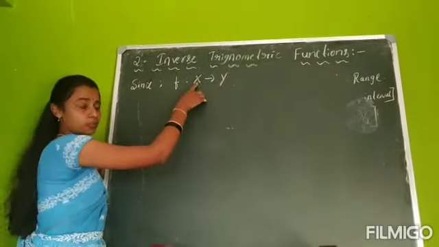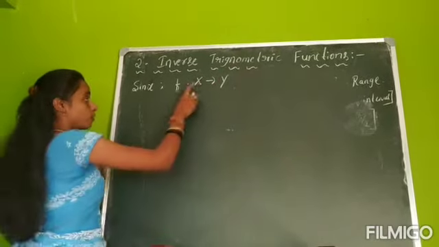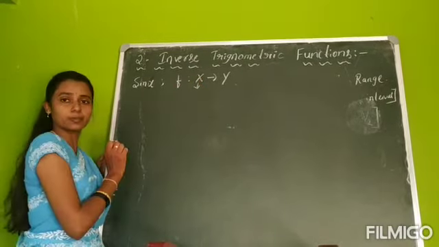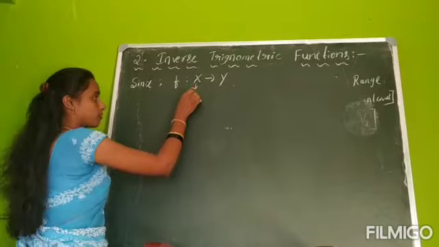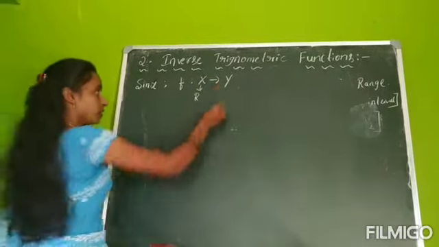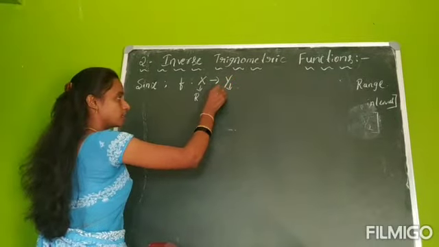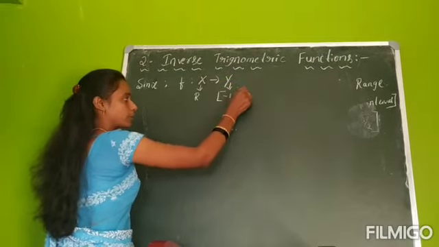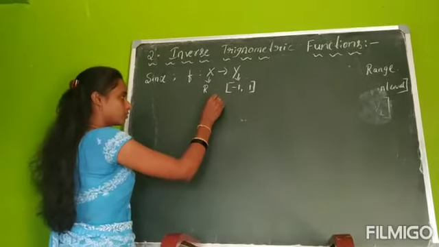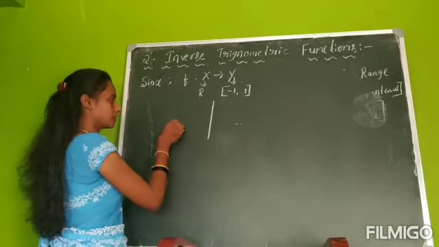I took x as the domain and y as the range, where the domain is the set of all real numbers, not restricted to any interval, whereas the range is the closed interval minus 1 comma 1. Is it clear? Now I can go with the graphical interpretation.